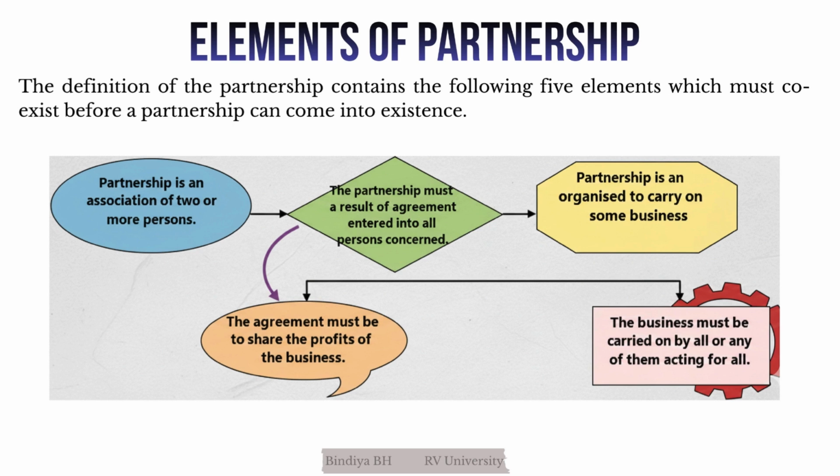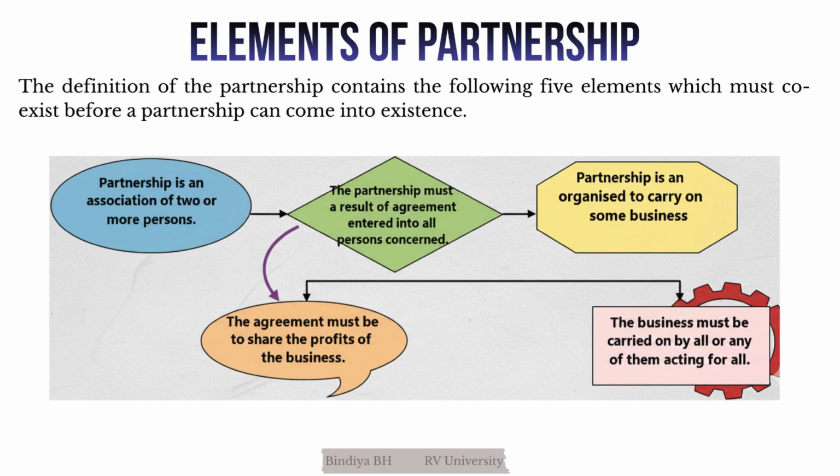Now, this business must be carried on with a clear intention to share profits. That leads us to our next essential element for a partnership, that is, profit sharing is a strong indicator of partnership. But remember, sharing of profits creates a presumption of partnership, but it is not conclusive proof regarding the existence of partnership.